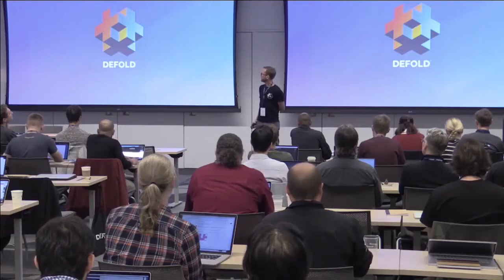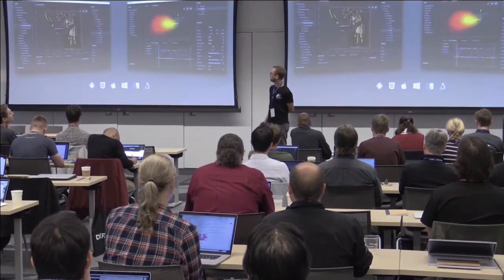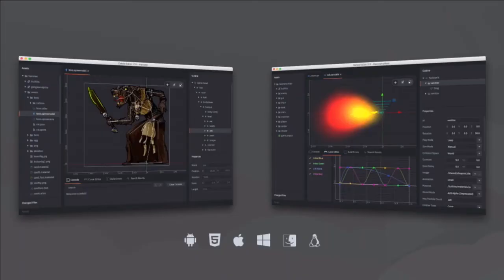We have 2 game engines at King, one driving most of our franchise games, like Candy Crush and Farm Heroes, and then we have another game engine called Defold, where me and Matthias work. So I'm going to give you just a very quick intro or description of Defold. It's a cross-platform game engine and editor.